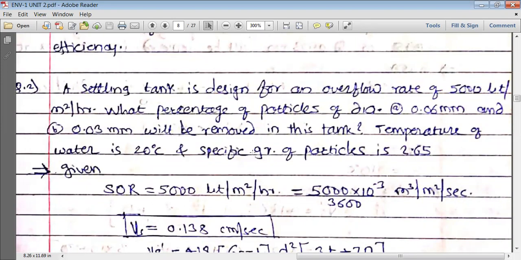Temperature of water is 20 degrees Celsius and specific gravity of particle is 2.65. This is the problem. Similar kind of problem. Same procedure you have to follow. This problem is for practice purpose. Solve it now. Put your answers in the chat box.